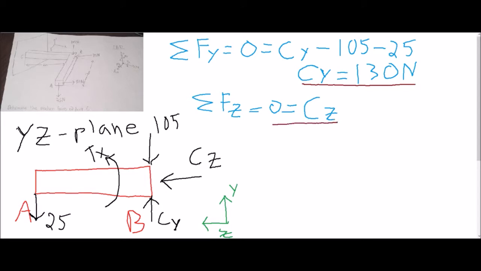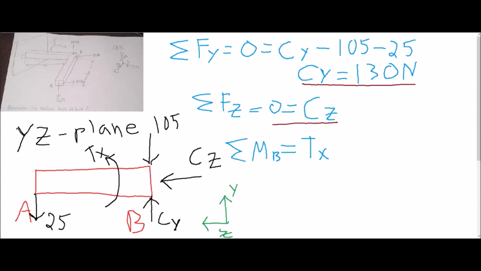And lastly, we are going to do the moment about B, which is that point with all the forces on it. So the torque is once again moving in the counterclockwise direction, so we know it's positive x. And since it's at point B, none of the forces around point B matter because the length would be 0. But our 25 makes a difference.